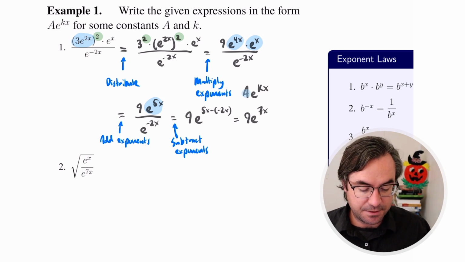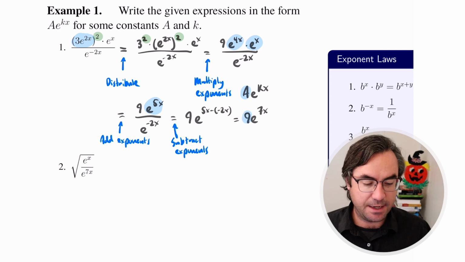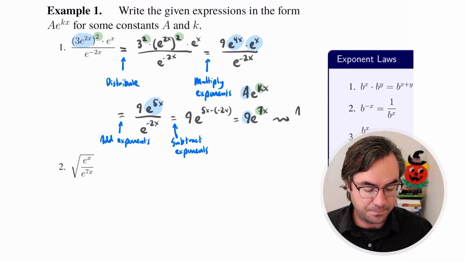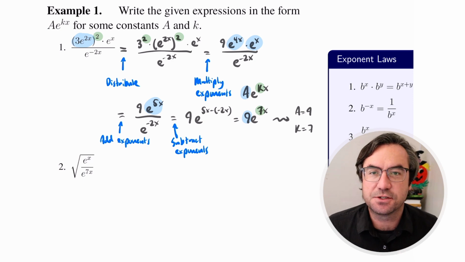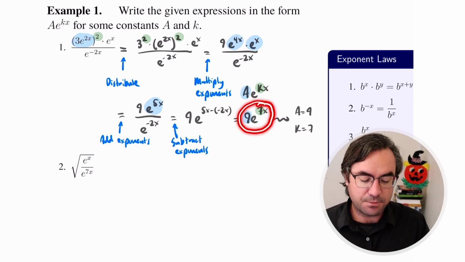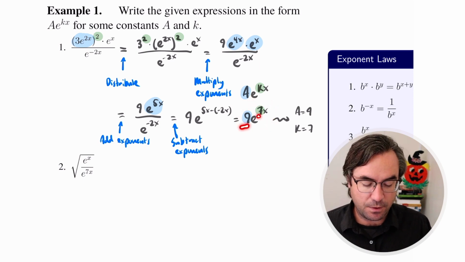So in this case, we see that the a value is 9, and then the k value is 7. And we're going to see that these numbers have some significance in terms of applications. So it's going to be helpful if we have an expression like this to figure out what those values are.